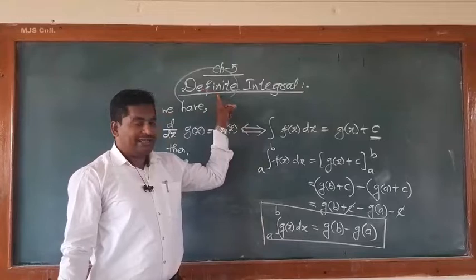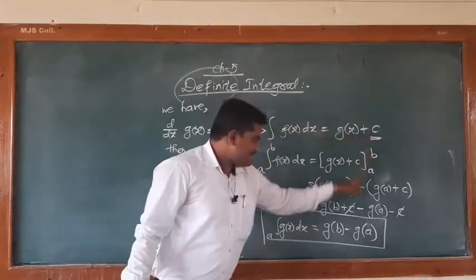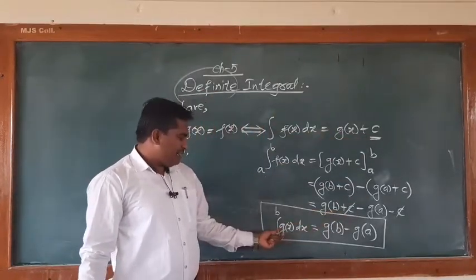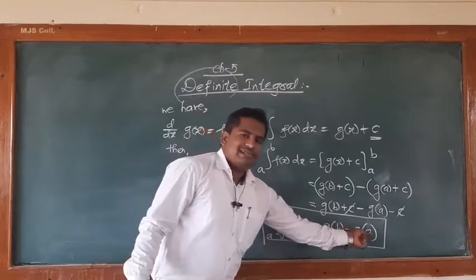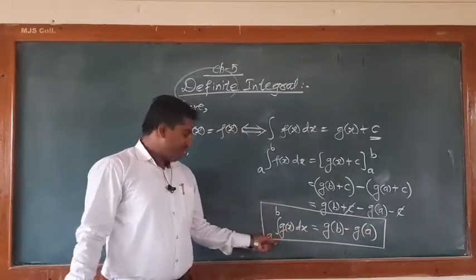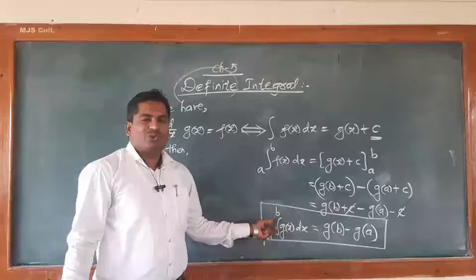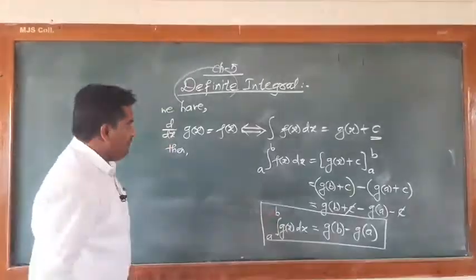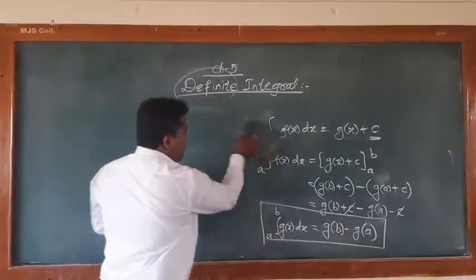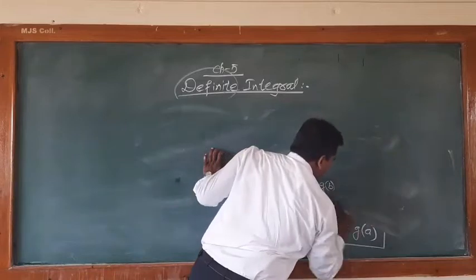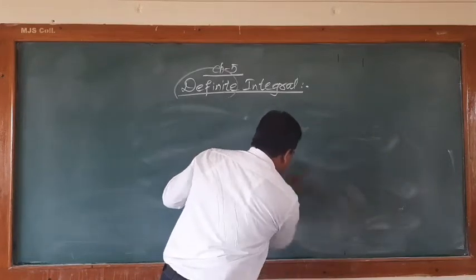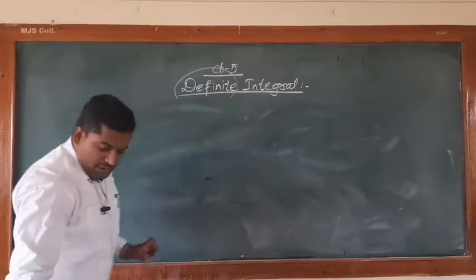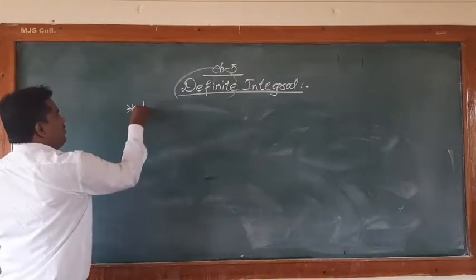But in definite integral this c gets cancelled and we get g of b minus g of a because of upper limit and lower limit. We have to study the algebra of definite integral. Properties of definite integral.